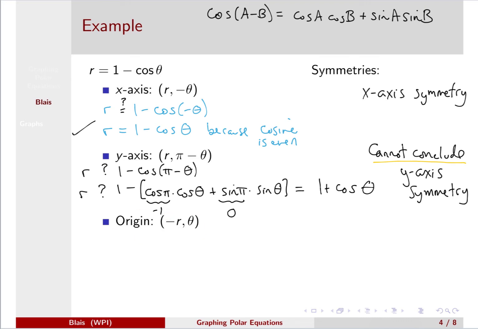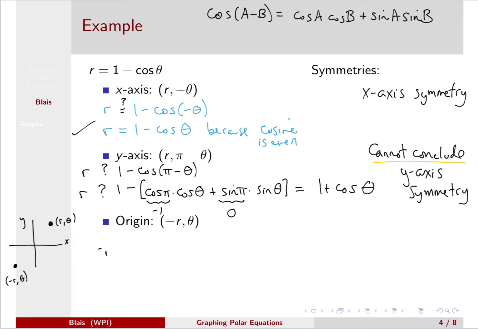And we can check for origin symmetry. So we're checking the point minus r, theta. And again, recall where that comes from. If this is r theta, minus r theta is its reflection through the origin.